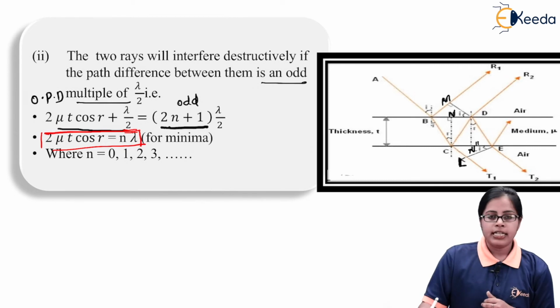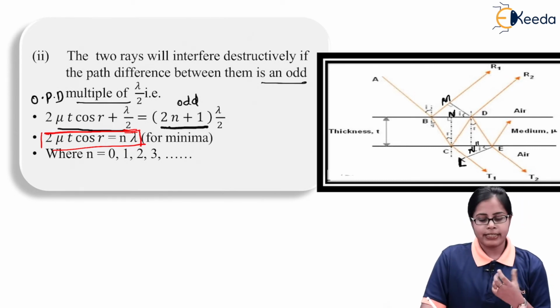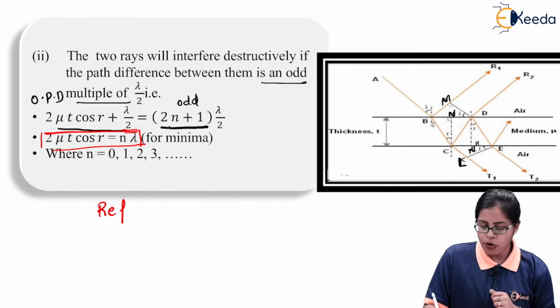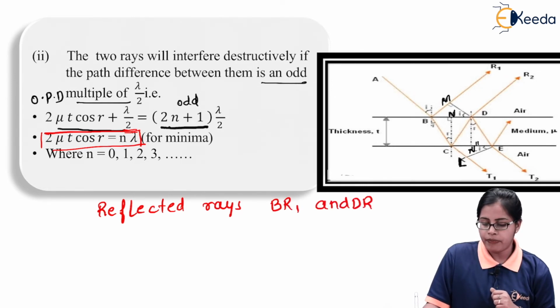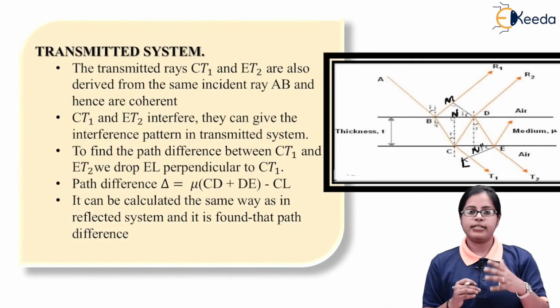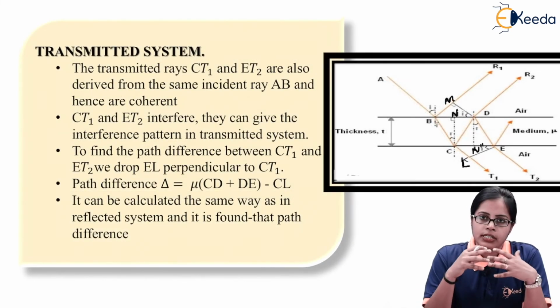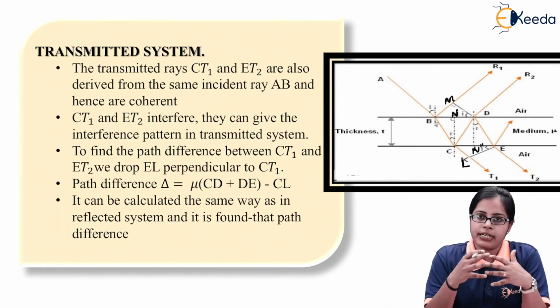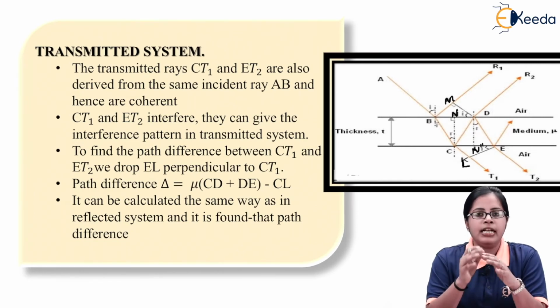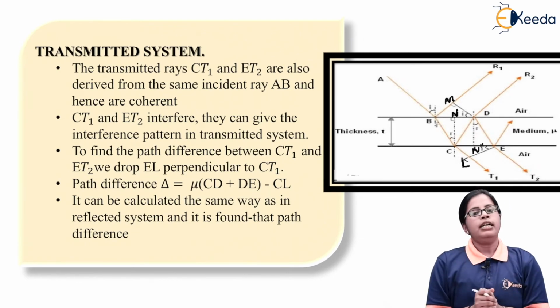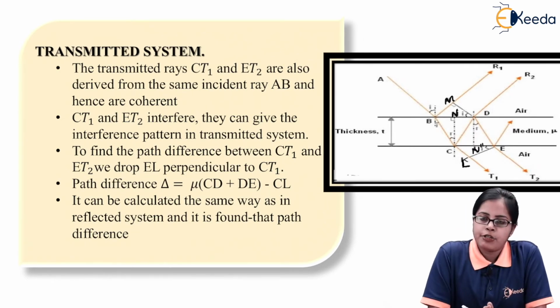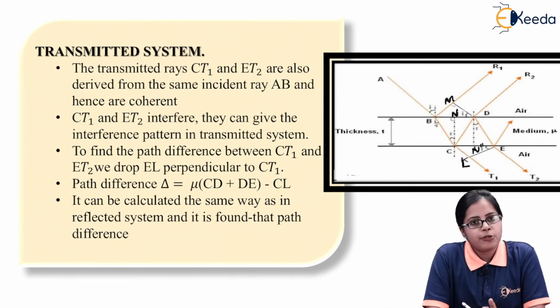But please remember, we have only calculated the maxima and minima for reflected rays, that is BR1 and DR2. So the above are the conditions for maxima and minima for the reflected system consisting of two rays, BR1 and DR2. Now next we have to calculate the condition for maxima and minima for the transmitted system.